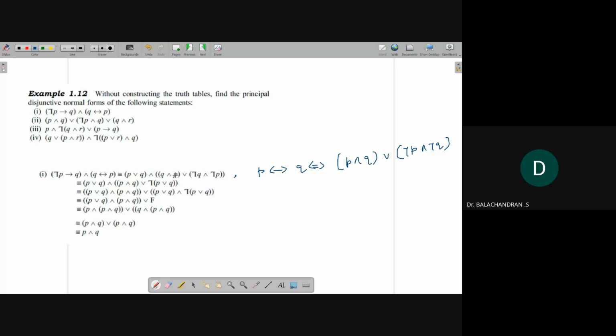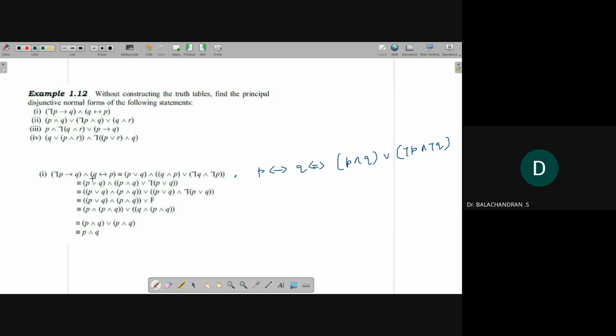Usually we don't take like this. We usually, if it is like this, take it into the terms. But why are they taking it outside? There is a reason. If I take it outside, they're applying De Morgan's law. So then you'll get negation of P or Q. The reason is that in the next step they are going to apply the distributive law.